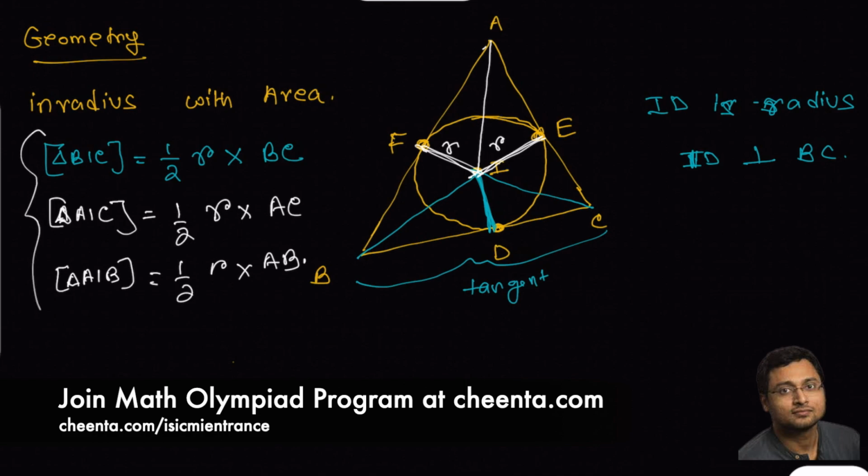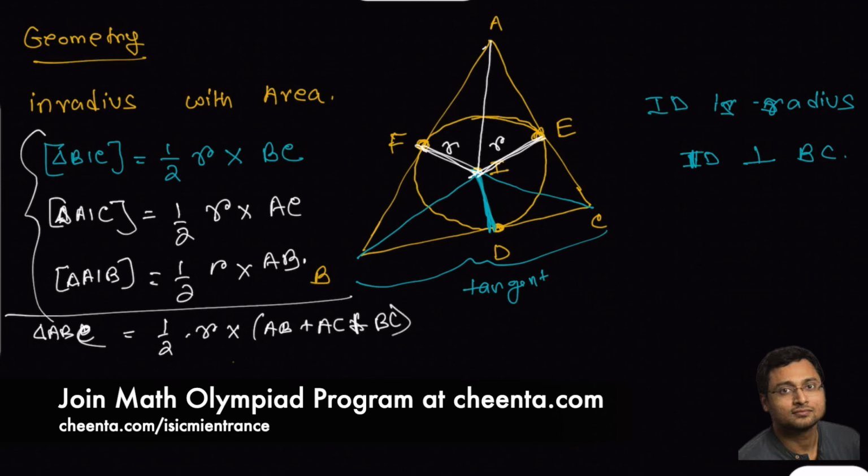So if you add all these three triangles, you'll get the triangle ABC. So just add it up. The area of triangle ABC, which is the sum of these 3 areas, is equal to half times the radius times the sum of the 3 sides.